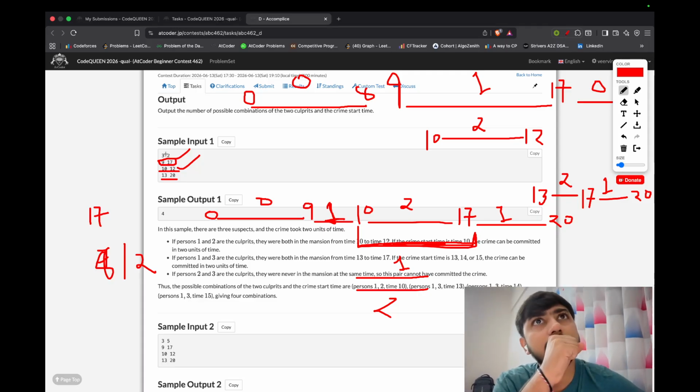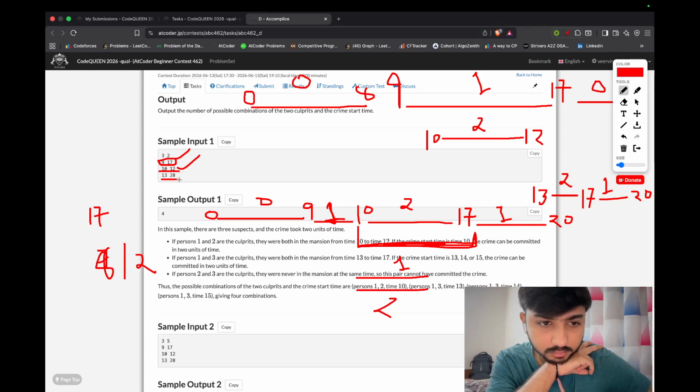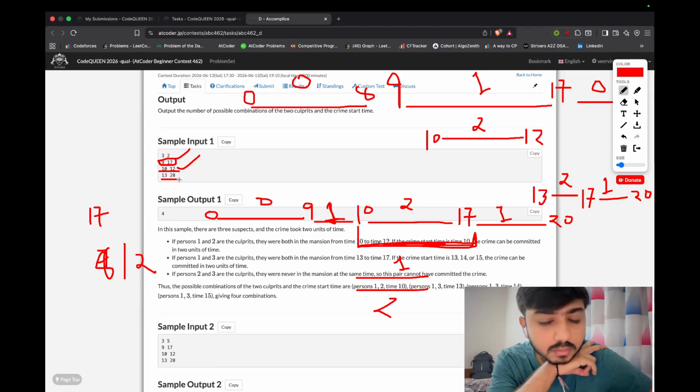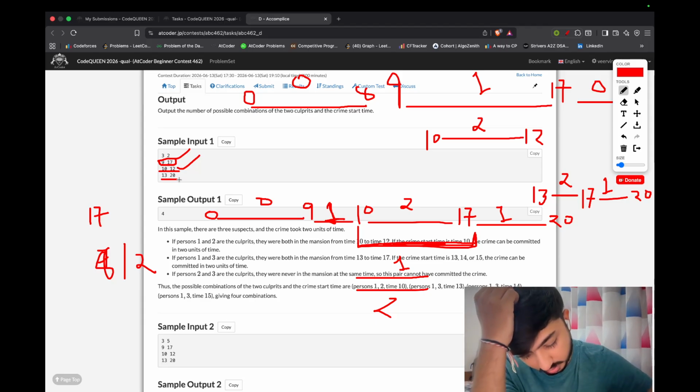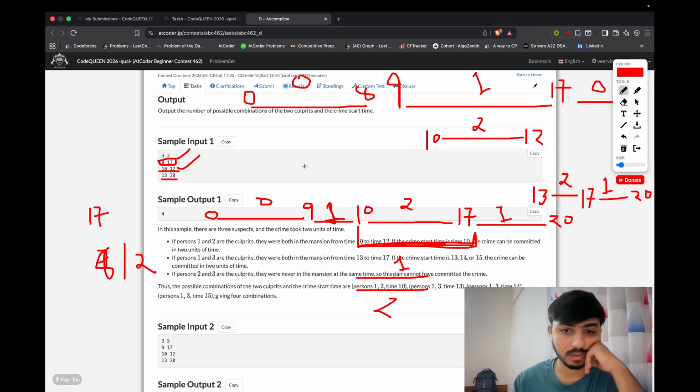What we can do here is, irrespective of anything, if the count is greater than 1, that means there's always a 2-culprit case at this point.